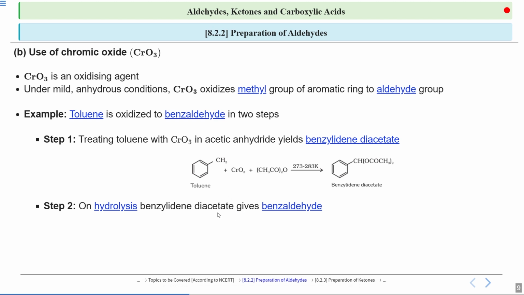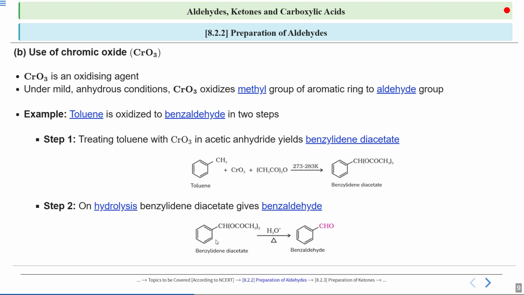Water helps us remove the acetyl group, which gives us the final product, benzaldehyde. In hydrolysis, you break down a compound using water. So the final product which you get over here is benzaldehyde.